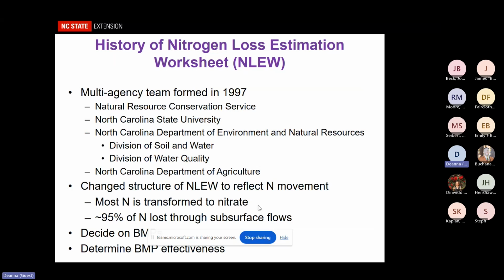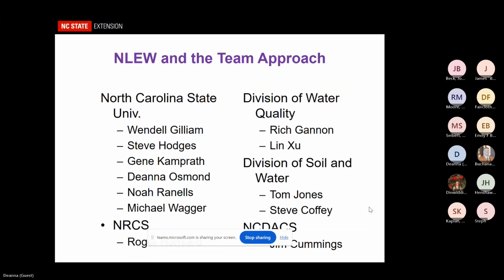So we really needed to focus on a soluble form of nitrogen, not soil erosion. And then we had to decide what BMPs would be effective and how effective those BMPs were.